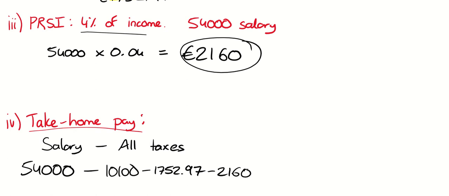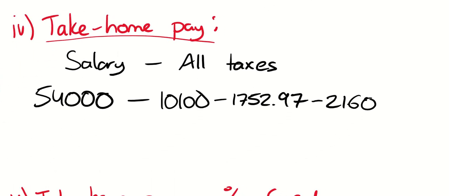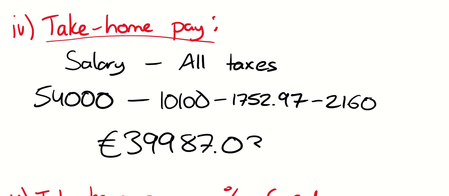Now, when you've got that, you just subtract all of them together, and that will get you his take-home pay, which is €39,987.03. So you just get your salary, subtract all the taxes off, and that's how much money he's left with.